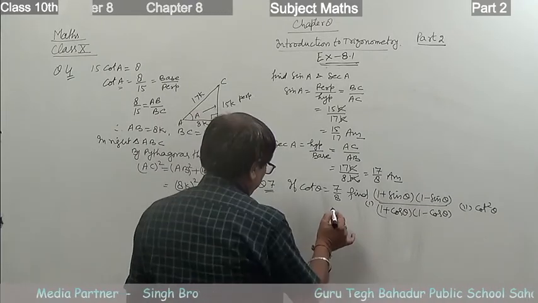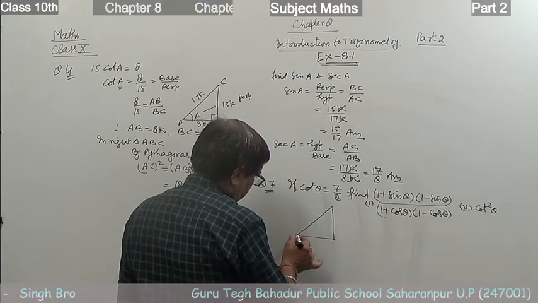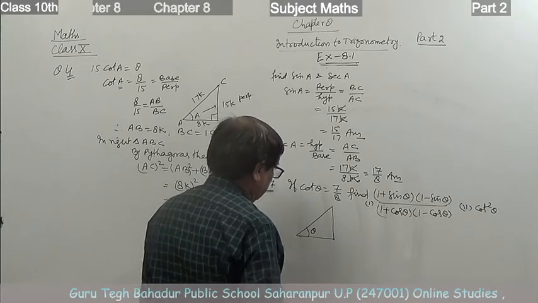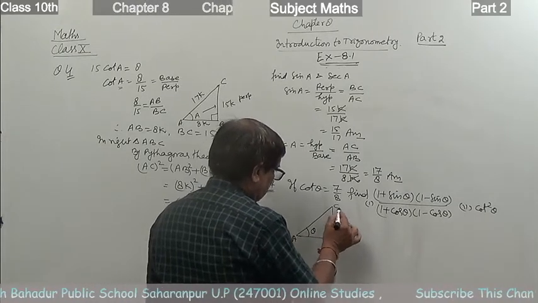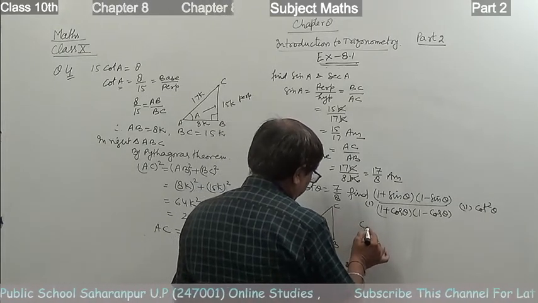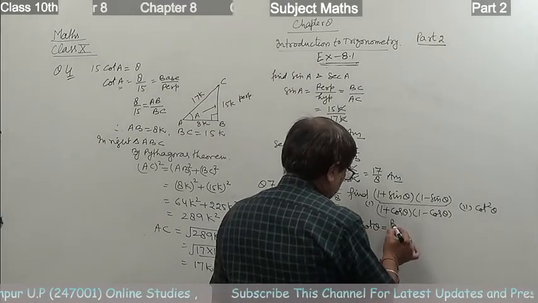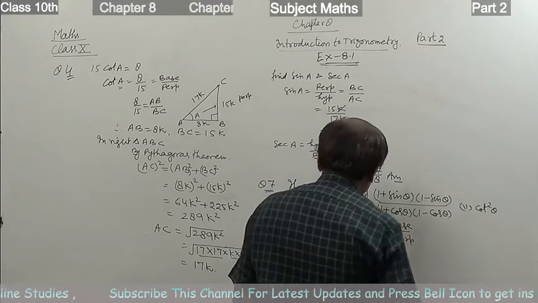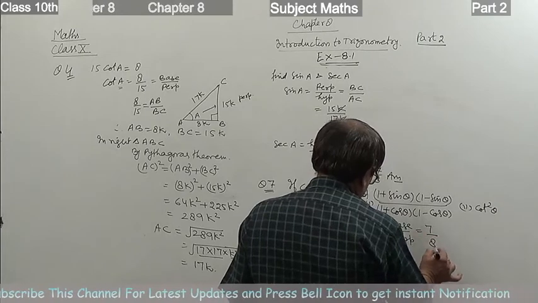Now this is your right angle triangle. This angle is theta angle. This is ABC. Cot theta is equal to base upon perpendicular, which is given to you 7 upon 8.